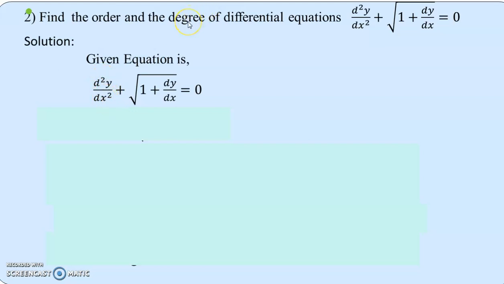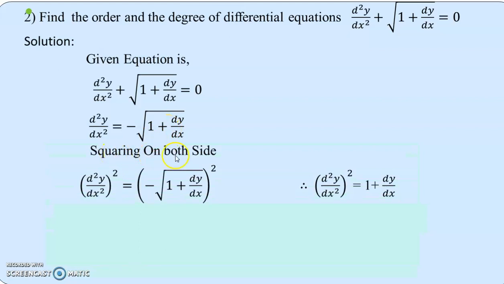Now to find the degree, the first step is to remove the square root sign. For that, write d2y by dx square is equal to, just transfer this term to the right hand side so it becomes negative. Then to remove this square root, we have to take the square of both sides.